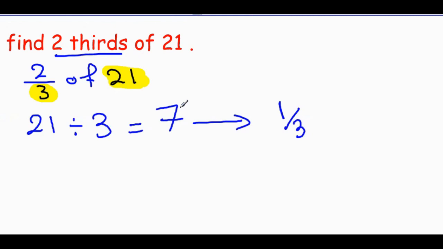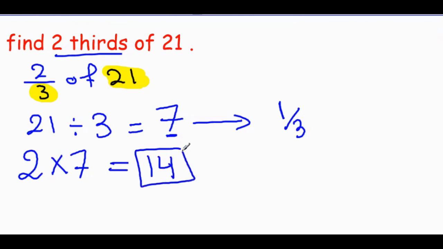But I don't want 1 out of 3. I want 2/3, 2 out of 3. So I want 2 times 7, which is equal to 14. So 2/3 of 21 is equal to 14. 2/3 is the part from the whole, the fraction, and its value is 14.